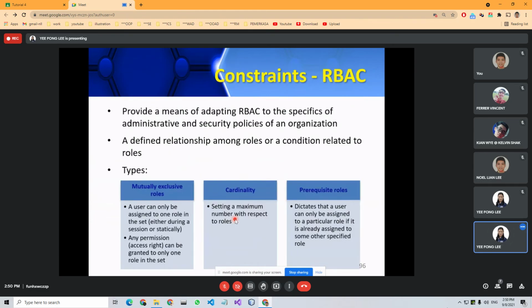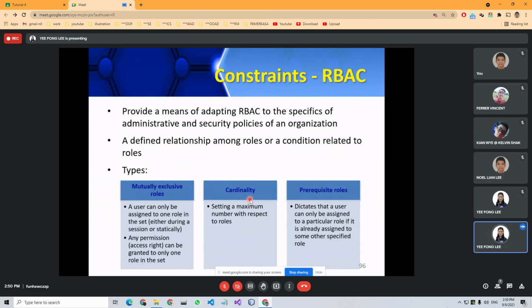Constraints on role-based. A defined relationship among roles or a condition related to roles could be mutually exclusive roles, such that a user can be assigned to only one role in a set. This is what they call mutually exclusive roles, cannot be overlapping.